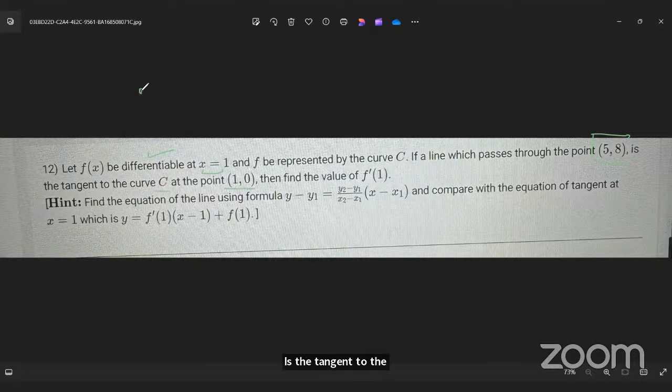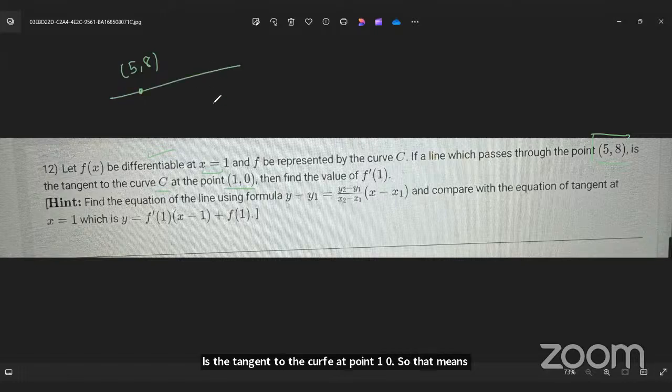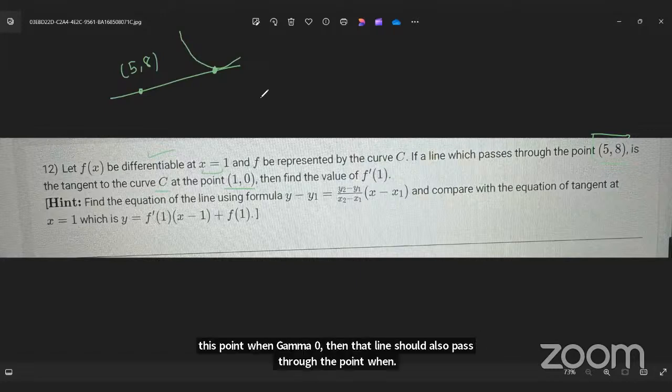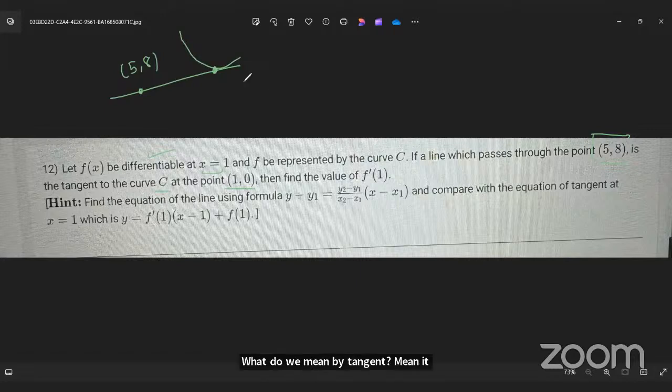That means if the line which is passing through the point 5,8 is a tangent at this point 1,0, then that line should also pass through the point 1,0, right? Because what do we mean by tangent? Tangent means it touches the graph exactly at that point. So this line L, which is passing through 5,8, should also pass through 1,0.